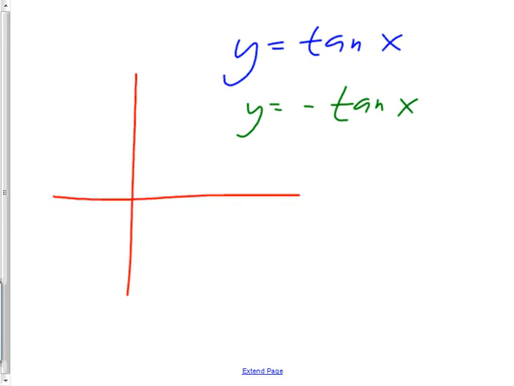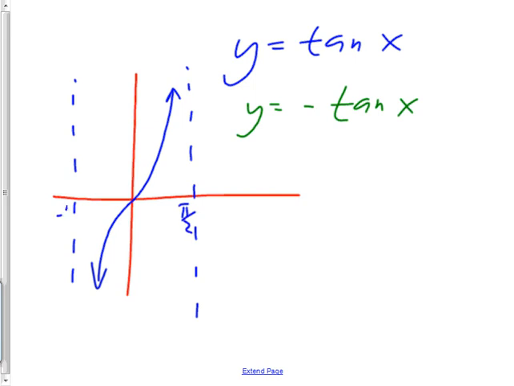So I'm making my blue one be regular tangent, my green one being negative tangent. Well, here's my blue one, regular tangent. Hopefully you did that right. This is pi over 2 and negative pi over 2. Always label it. Then, my green one is to flip it.